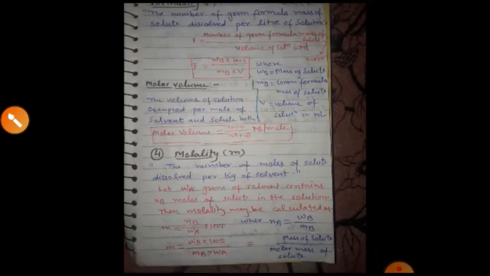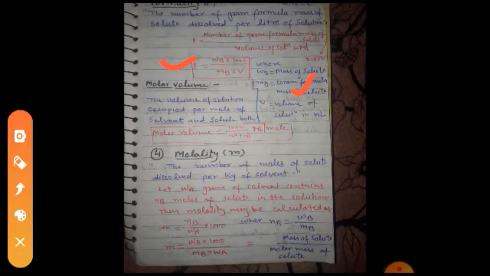If the solution is present in ml, we multiply by 1000, so formality equals WB into 1000 upon MB into V. Why do we use 1000? Because we know very well 1 liter equals 1000 ml, where WB is the mass of solute, MB is the gram formula mass of solute, and V is the volume of solution in ml.